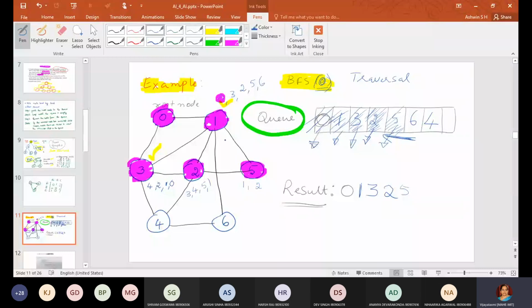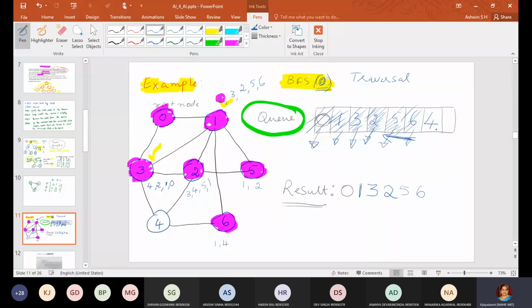Both are already visited, so you don't have to enter anything here. Then remove 6 out. 6 has come out, so I'll write 6 here and indicate that 6 is visited. What are the child nodes of this 6? I have 1 and 4. 1 is already visited. 4 is already in the queue, so I don't have to enter anything in the queue.